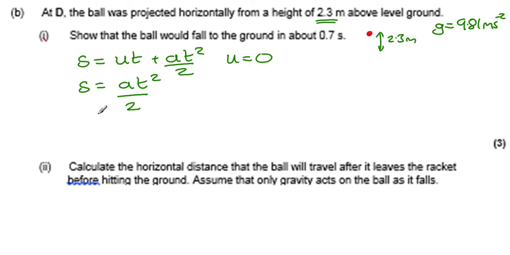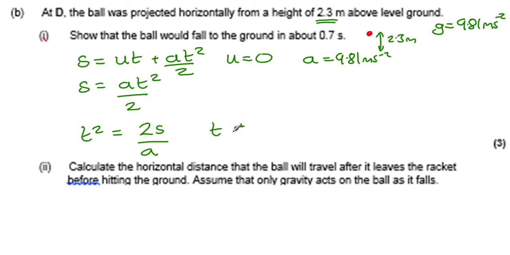So we can rearrange this and get that t squared equals 2s over a, and acceleration is going to be g, so it's going to be 9.81 meters per second squared because it's accelerating downwards.